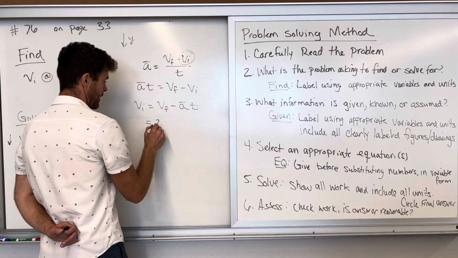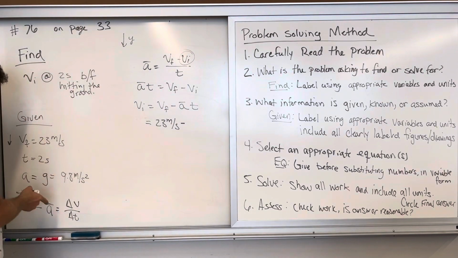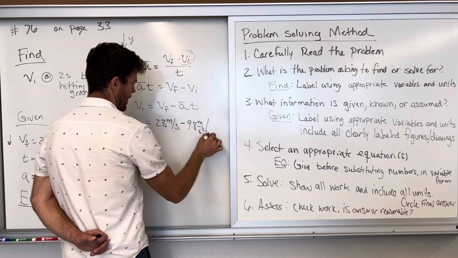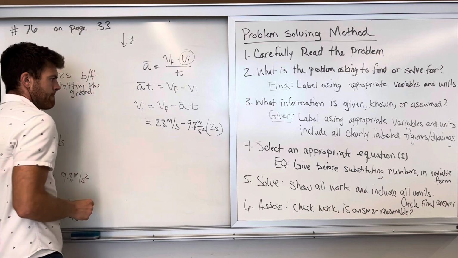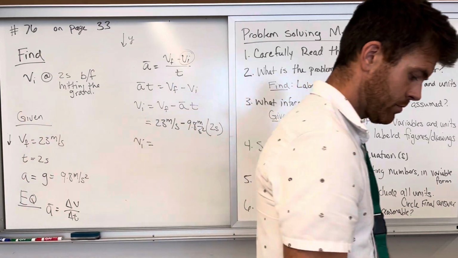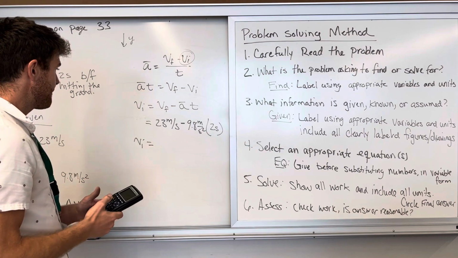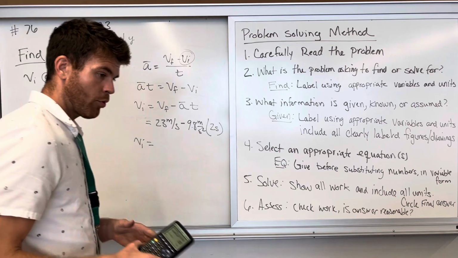So v final is 23 meters per second minus our acceleration, 9.8 meters per second squared, times time, 2 seconds, and we get v initial is equal to 23 minus 9.8 times 2, which is 19.6, so 3.4.